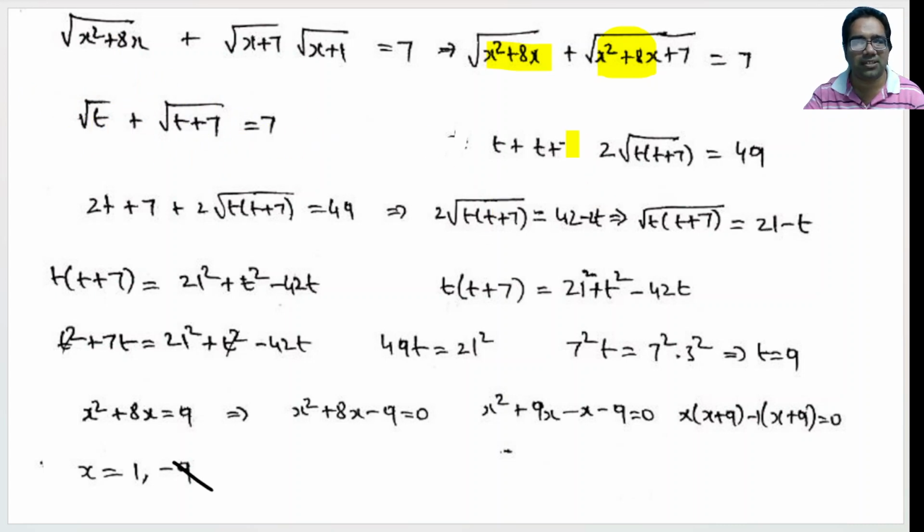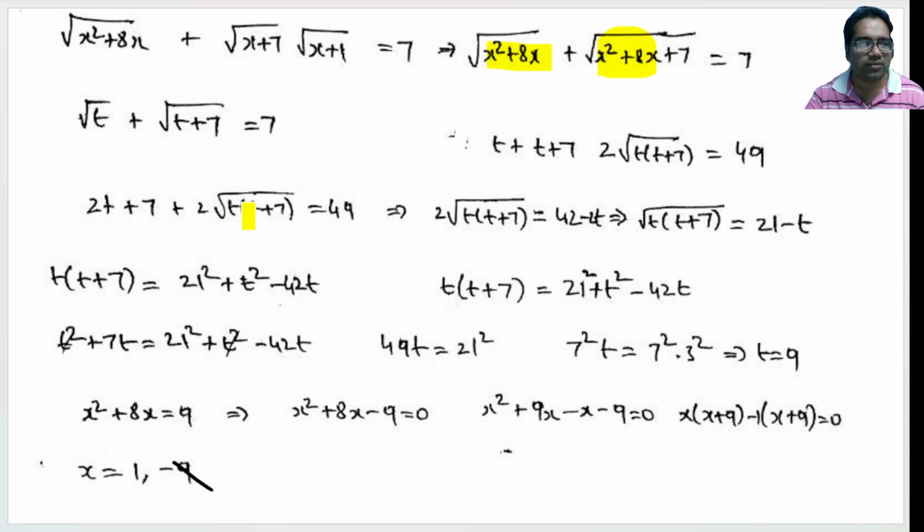Then this becomes t plus t plus 7, plus 2 under root t into t plus 7, equals 49. Sorry, I forgot to put the equals 49 earlier. Then this becomes 2t plus 7 plus 2 under root t into t plus 7 equals 49.